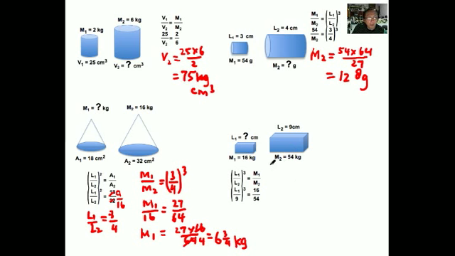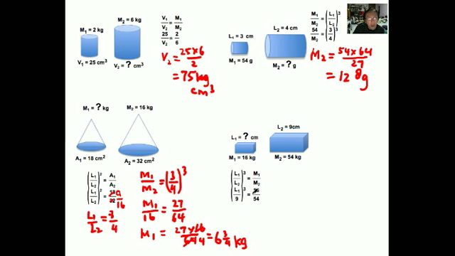Finally, we have to find the length, and we know the masses. From the masses, we can find the ratio of volumes. Since the ratio of volumes is the ratio of lengths cubed, we use the formula: ratio of lengths cubed equals ratio of masses.